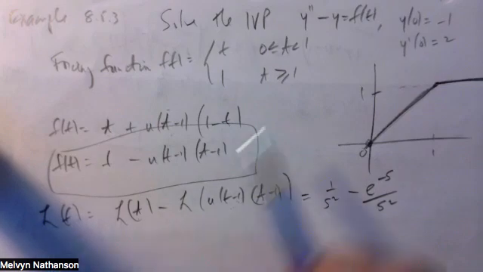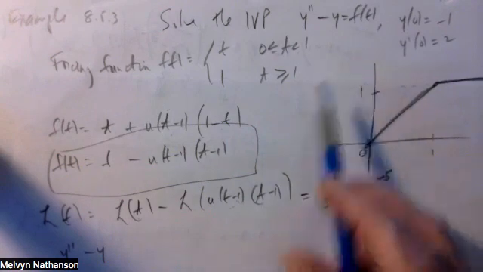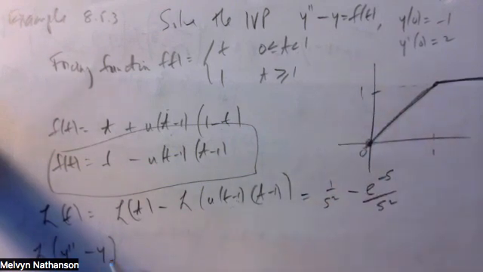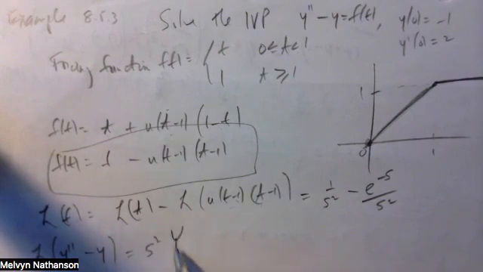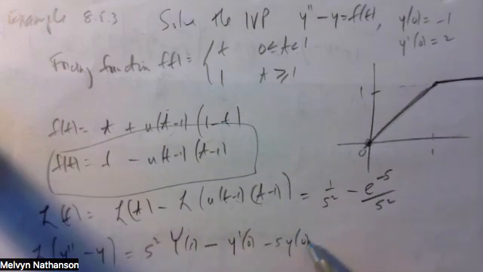So when we have y double prime minus y equals f of t, the Laplace transform of y double prime minus y is s squared Y of s, minus y prime of 0 minus s y of 0, minus the Laplace transform of y.